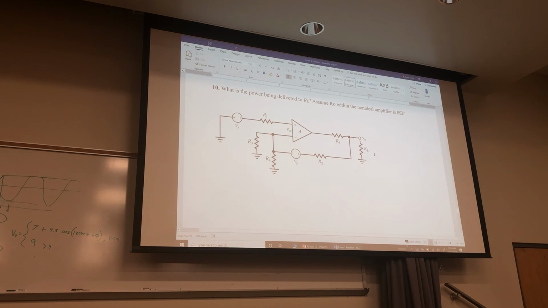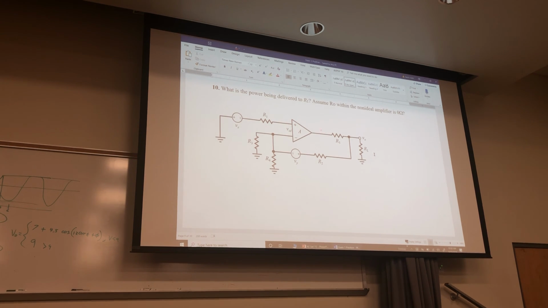And so what about something like this, where you have to just determine the power delivered? What's kind of complicated here is that this is a non-ideal amplifier. I think that's the biggest problem here. So you do have to consider the voltage across here, where that's not equal to that.